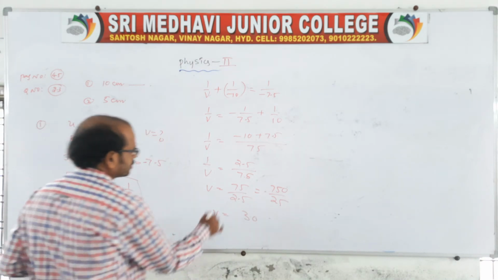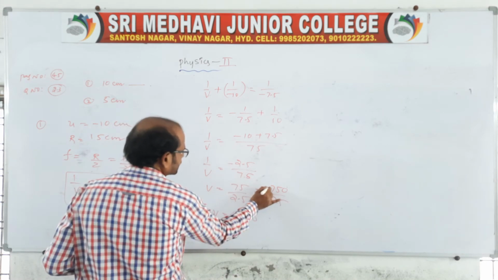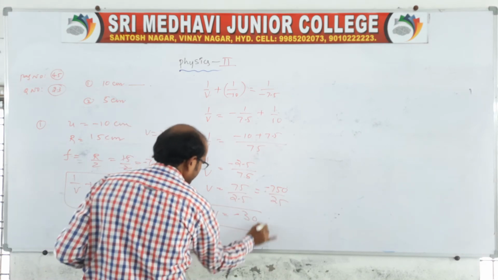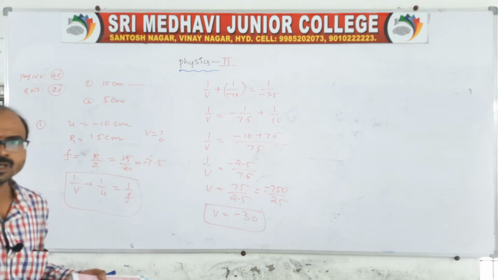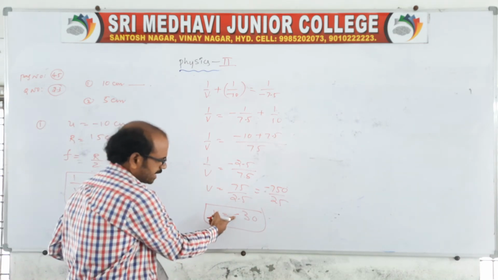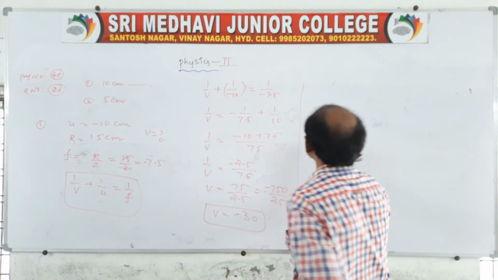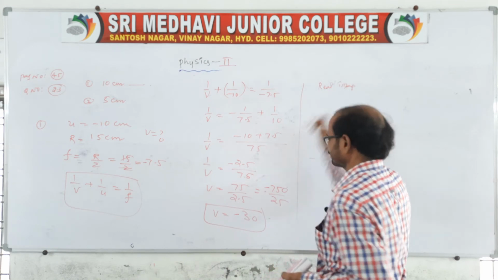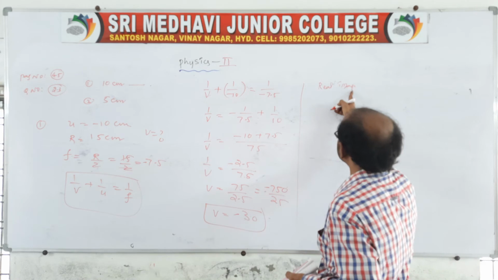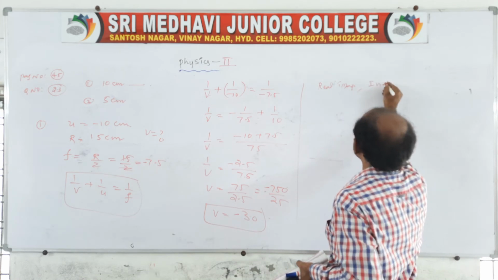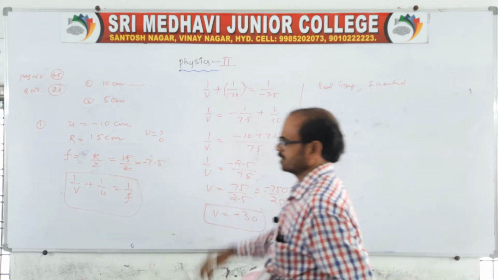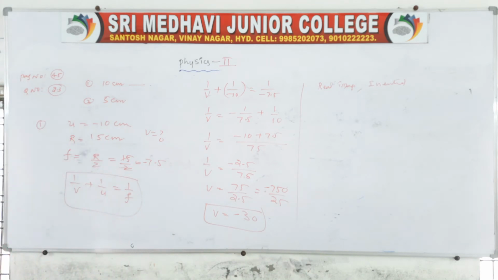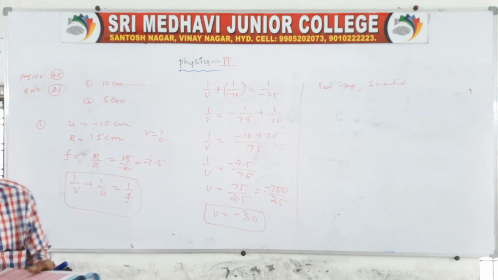The value is minus 30, as it is, we take minus. So the image will be real because of the negative sign. The image is real, and an inverted image will form on the same side.